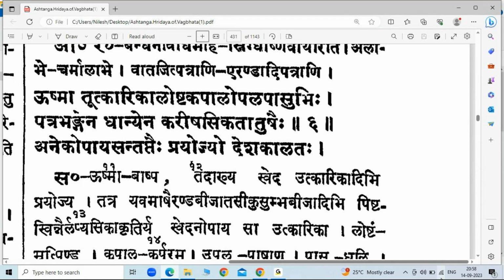Sikada is sand. Tusham is what we call the husk of grains. So when these materials are used as such without causing the formation of ushma, but dried directly over a heat and applied, then it will become tapasvedam.